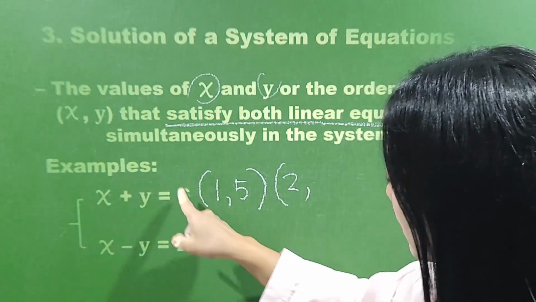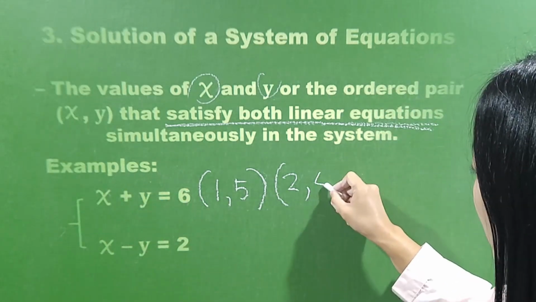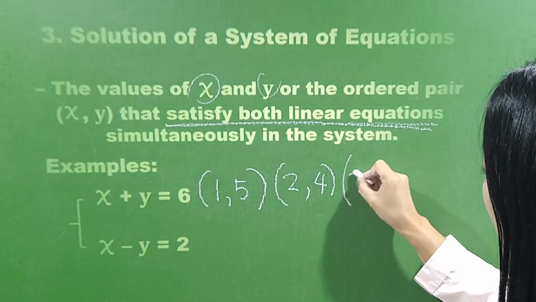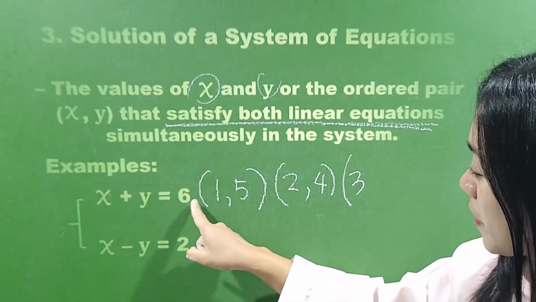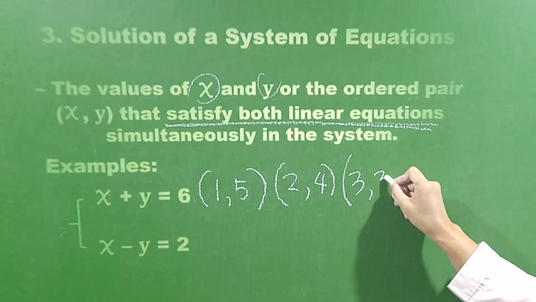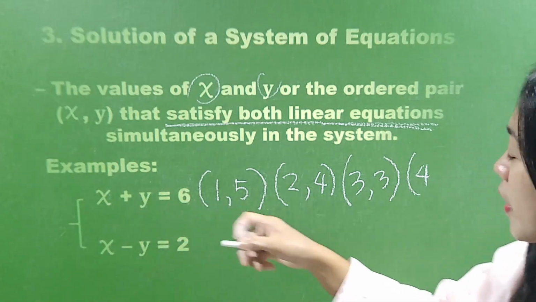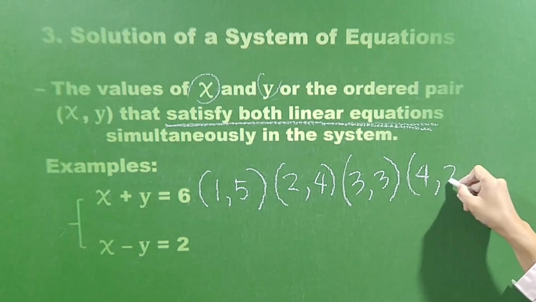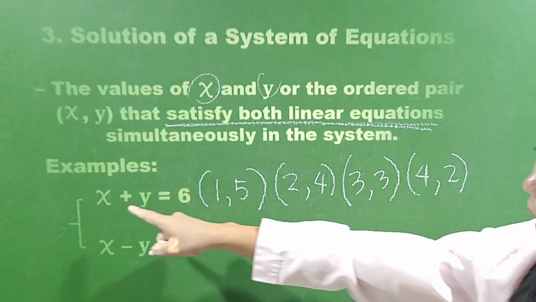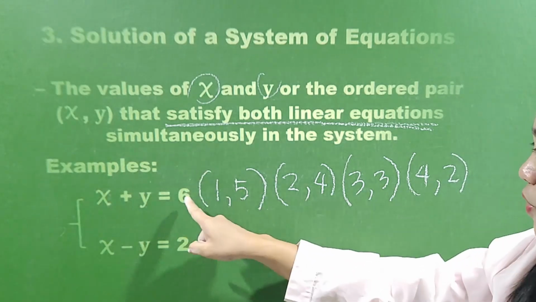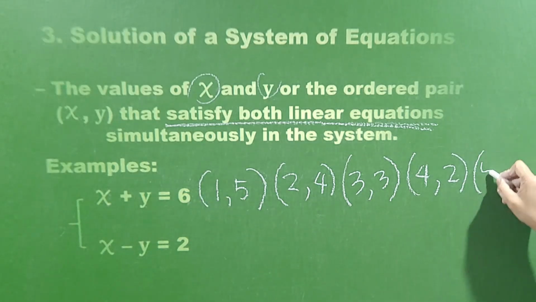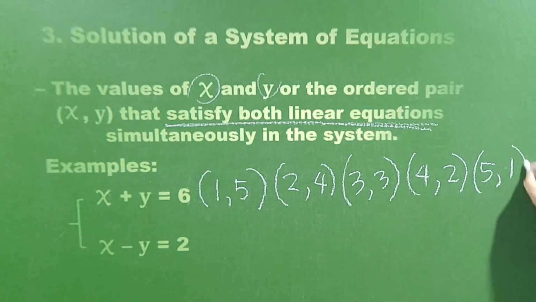This is 6 minus 2, so y is 4. If x is 3, 6 minus 3, then y is 3. If x is 4, 6 minus 4, then y is 2. What about if x is 5? 6 minus 5, then our y is 1.